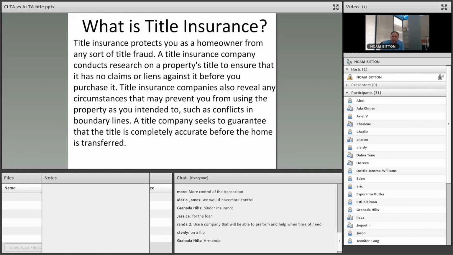I mean, the title company is doing a lot of things, but the major factor for the title insurance is to insure the buyer from any defects or any problems arising later on the title of the property. Basically what they do, they put a barrier, a brick wall between the past and the present and the future.